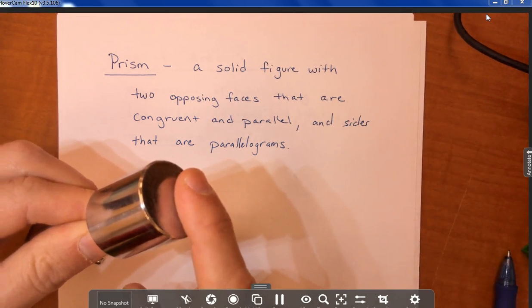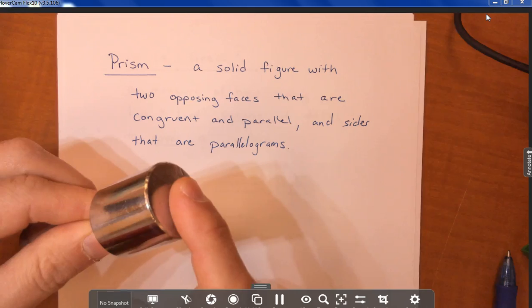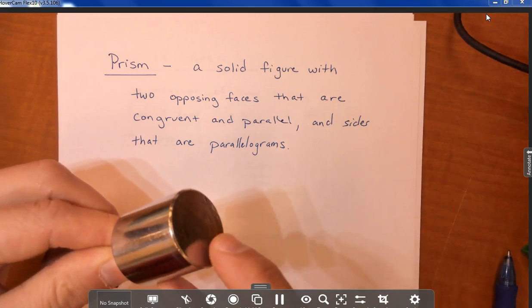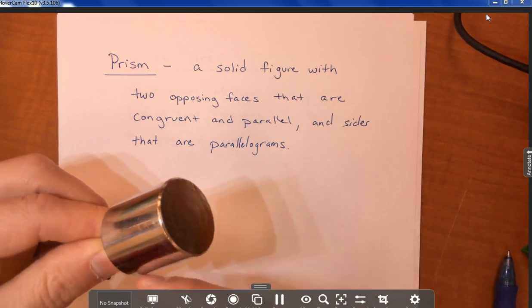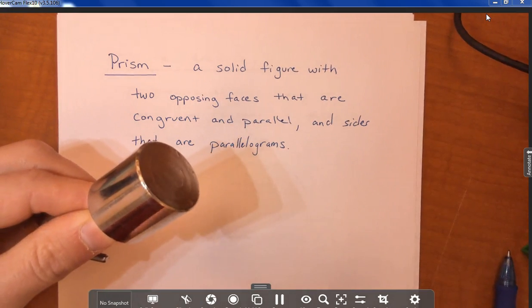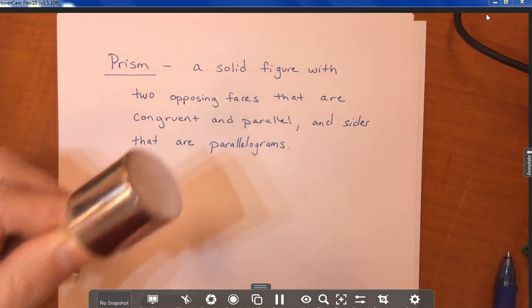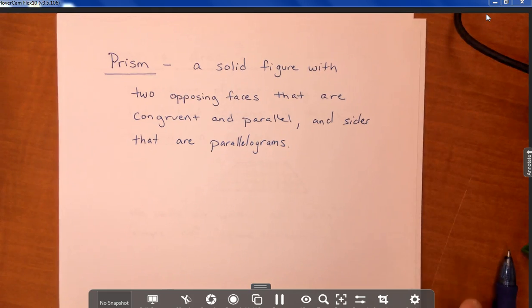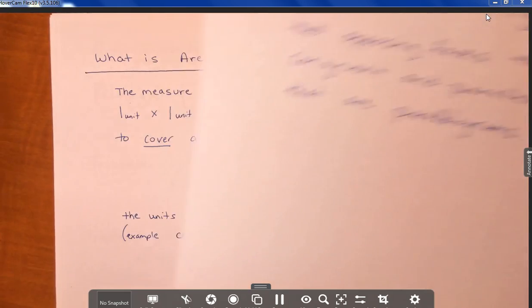But we are going to talk about cylinders as well. So this is a cylinder. You have two congruent circles connected by what ends up being one rolled up, curved rectangle. Okay, so there's a little bit about what is a prism and a cylinder.